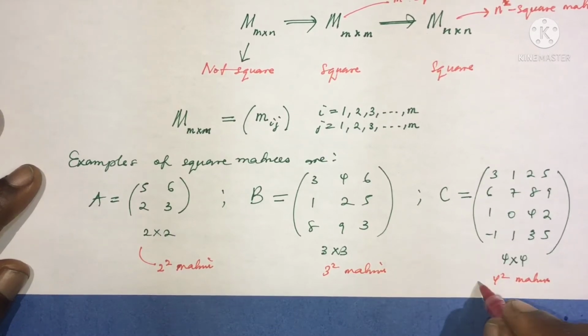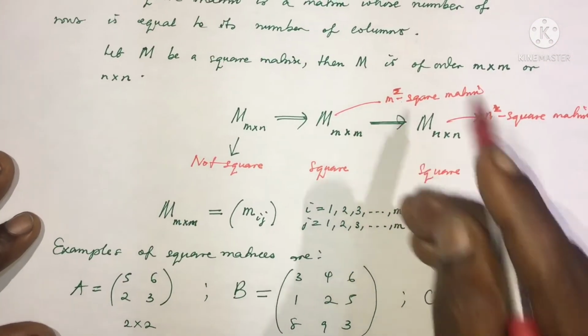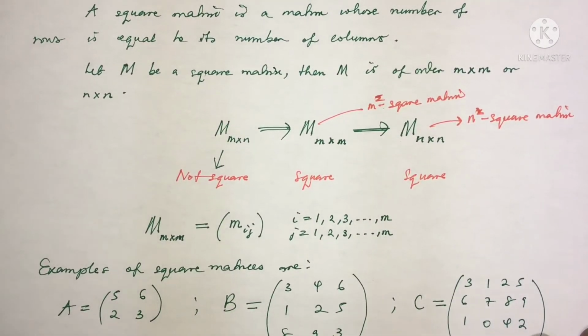Either you write it in this form or in this form. So that's for a square matrix.